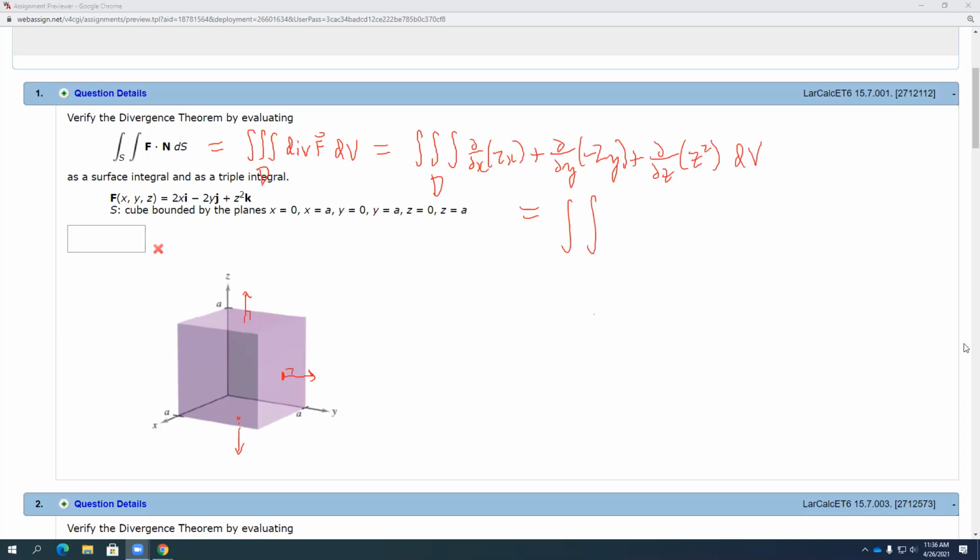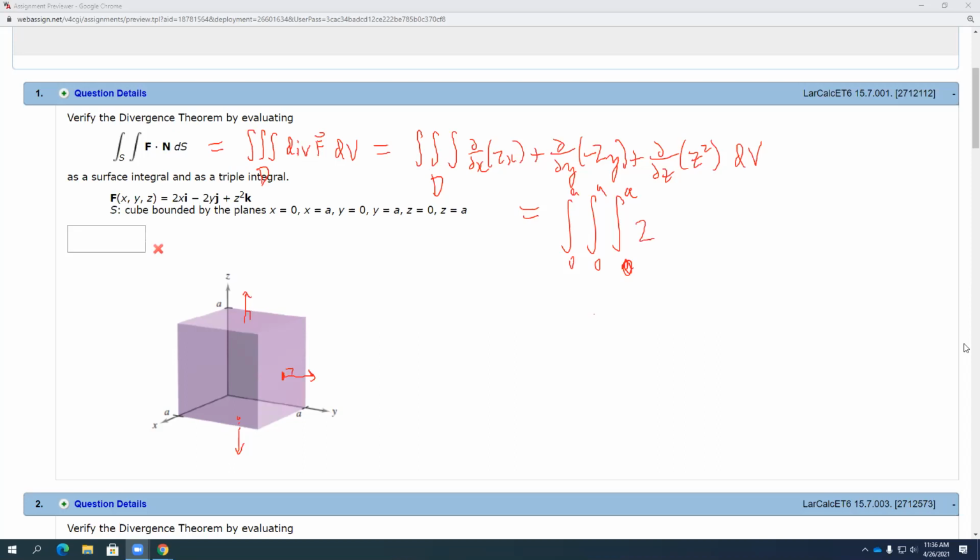So this is all done over this thing, a triple integral, and look, this is just child's play. Think about it. This is a box, or a cube, where x, y, and z all go between 0 and a. The partial with respect to x of 2x, that's 2.